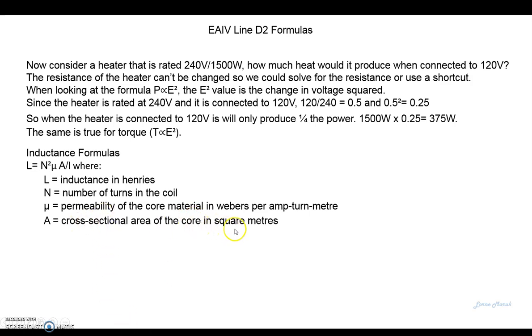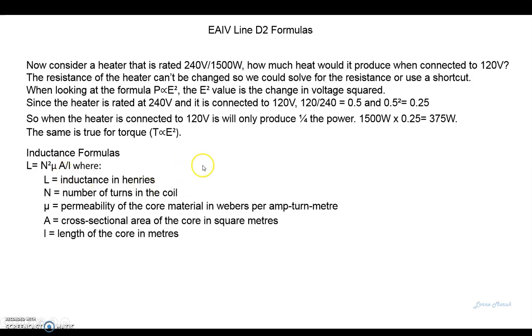Also the cross-sectional area of the core in square meters divided by the length of the core in meters. So we could see there that by looking at the formula, if you increase the number of turns in the coil, the inductor, you would increase the inductance in henries, which is also true for the permeability of the core and the area of the core.